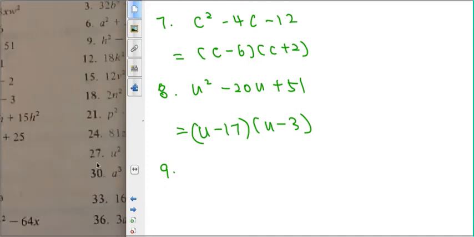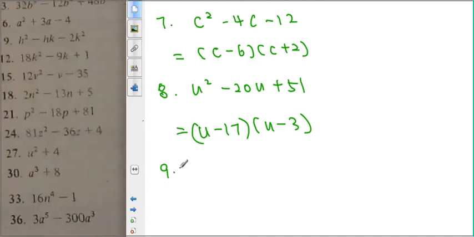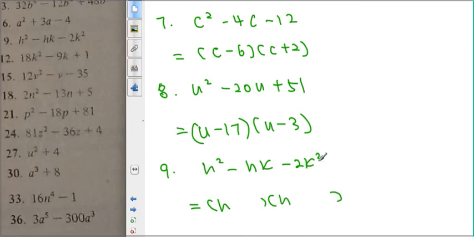Number 9. h squared minus hk minus 2k squared. Now here you will realize that h squared means h is in both cases, and k squared, therefore we have to have k.